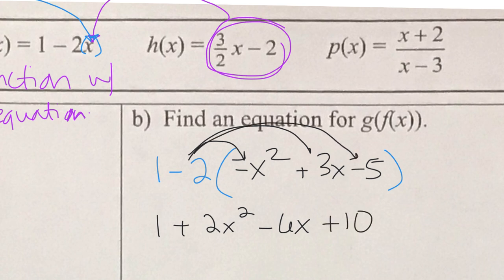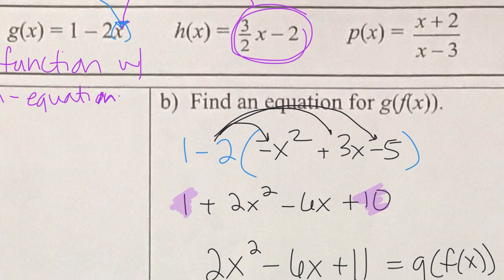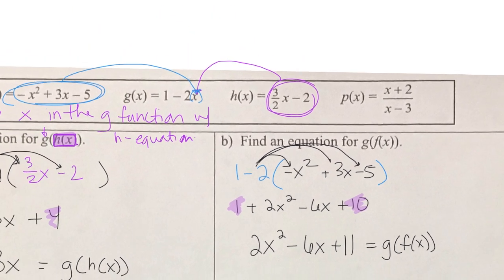So then my like terms are the 1 and the 10. So my final answer is 2x squared minus 6x plus 11. Okay, so that is my functional equation g of f of x.